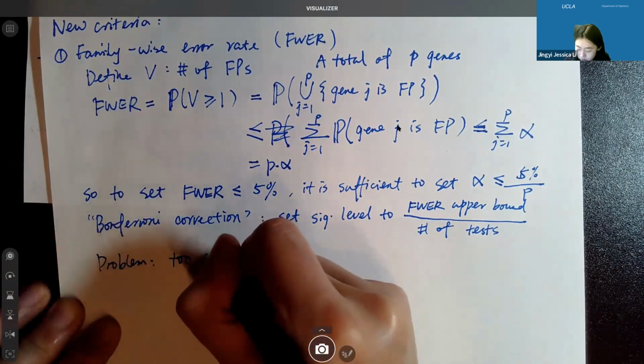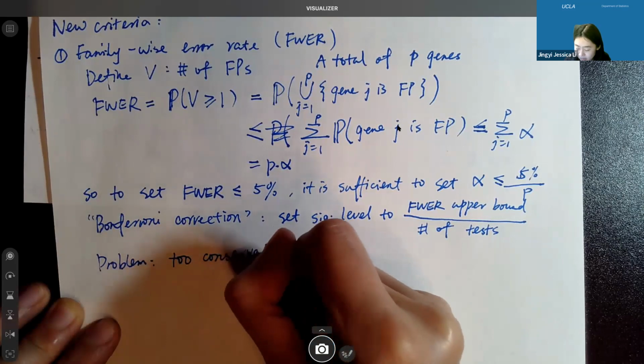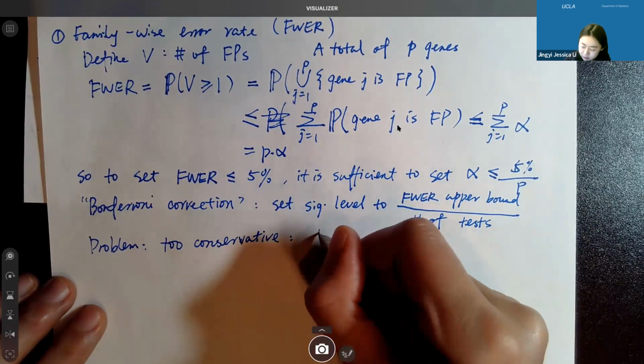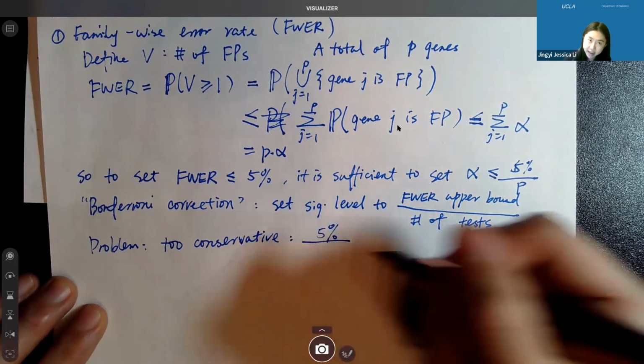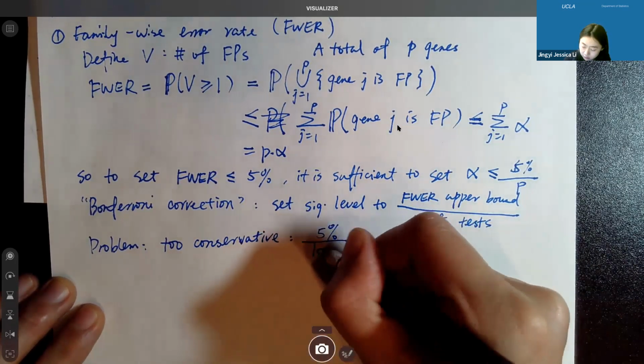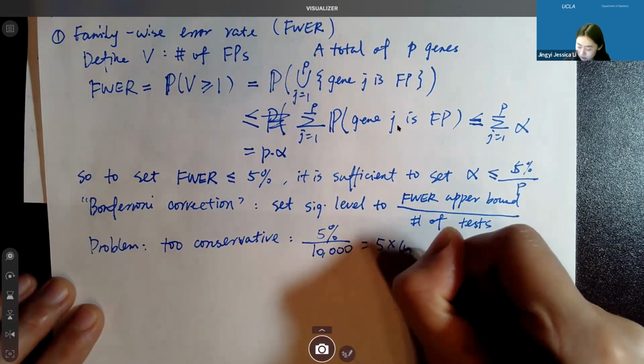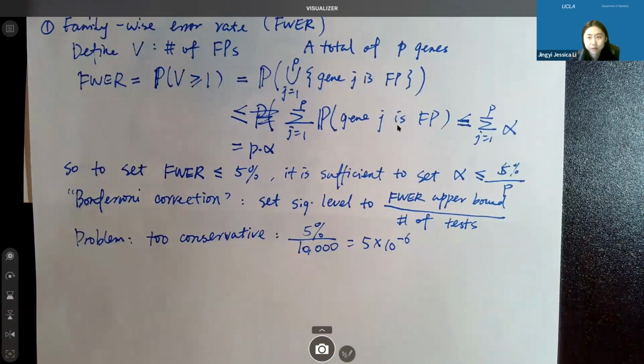Too conservative. And you can see that, especially for our gene expression analysis, 5% over 10K is what? So it's actually 5 times 10 to the negative 6. That's what we will have.